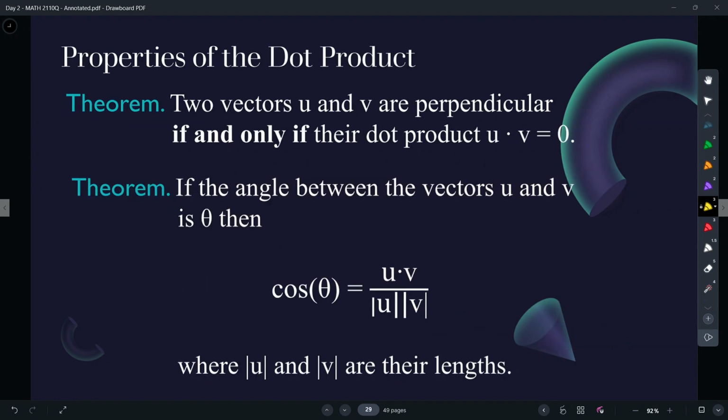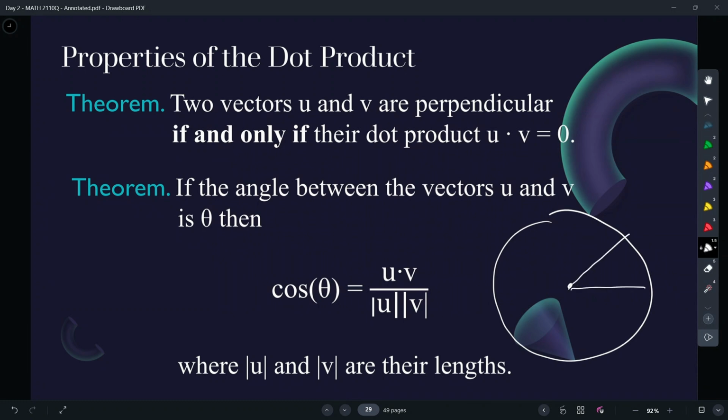By the way, if you have trouble figuring out the values of the trigonometric functions at common angles, just remember that if I start in a unit circle, so a circle of radius 1, and this is theta, this point here has coordinates cosine theta, sine theta, which is actually how you should define cosine and sine.